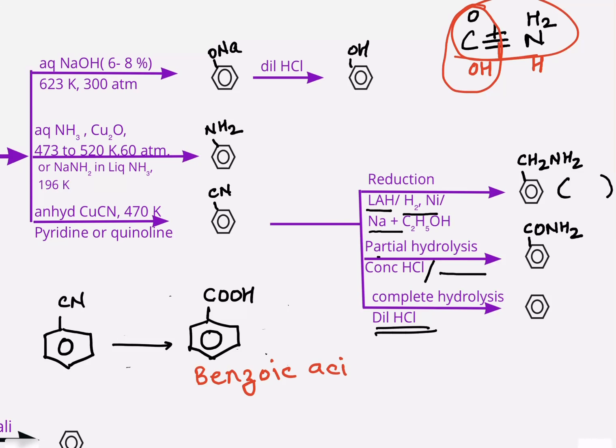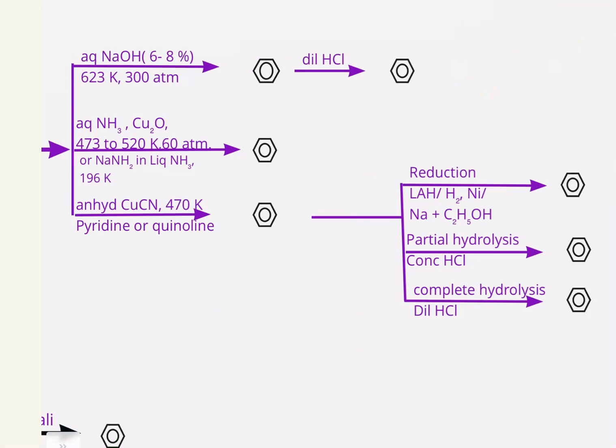So if you notice over here, this is a very, very important step to convert haloarenes to a number of compounds. Let's go through them. So we started with a haloarene. I'm taking the example of, let's say, chlorobenzene. Again, we're going to stick to that so it remains embedded in our mind.